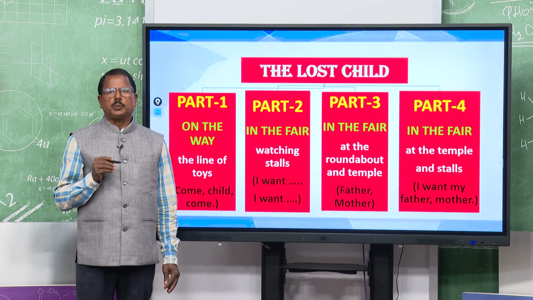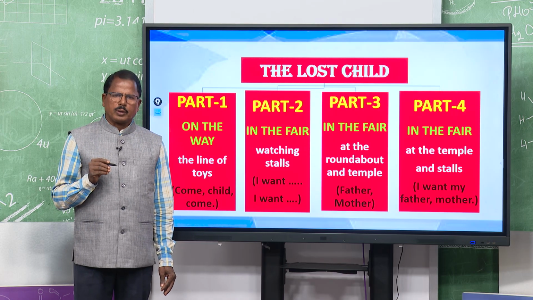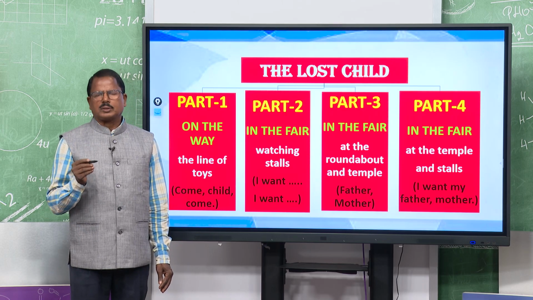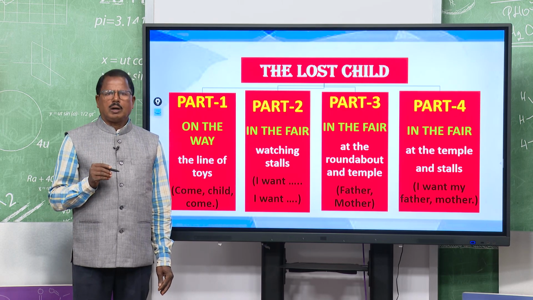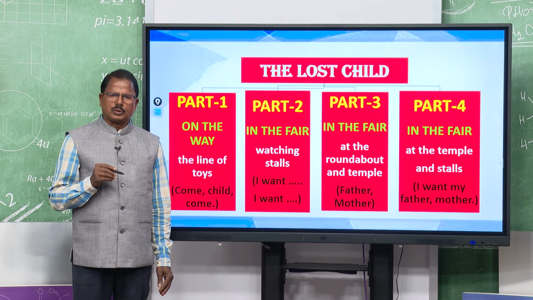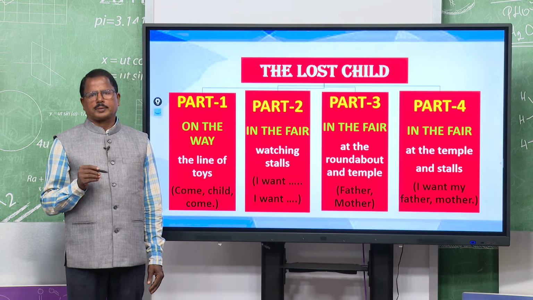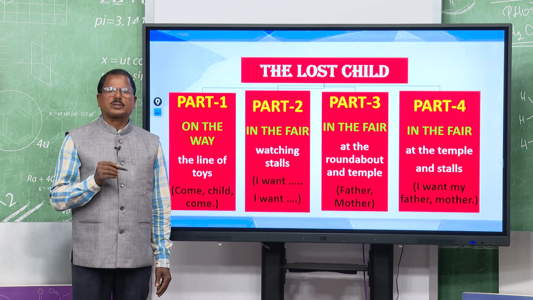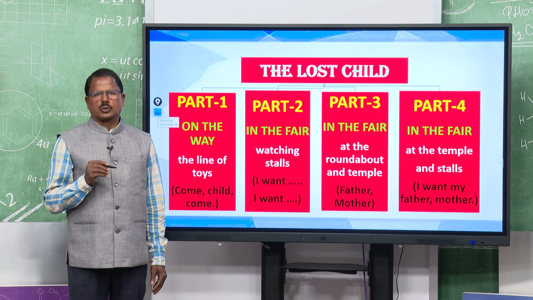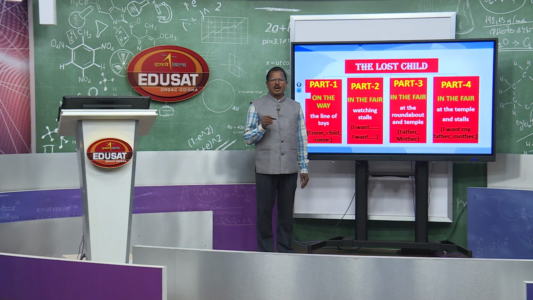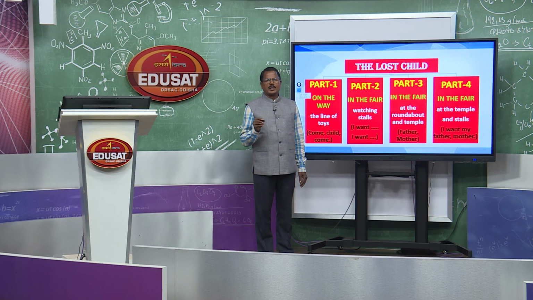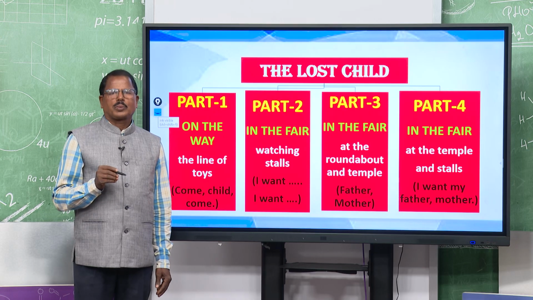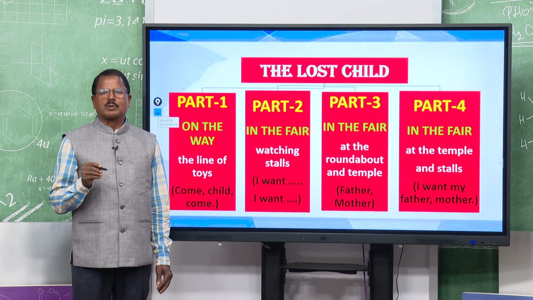And in part 2, my dear students, they arrived at the fair and they started watching the stalls, and when the child watched different kinds of things in different stalls, he wanted to buy something. The story writer writes everywhere that the child says I want this, I want that, but unfortunately the parents did not buy anything.